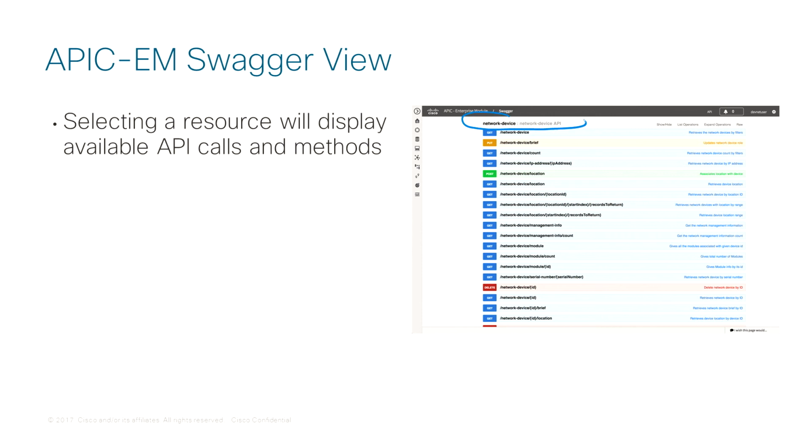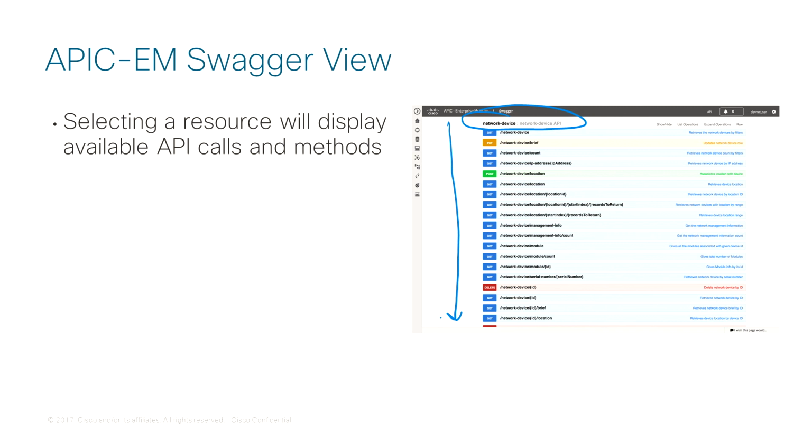So I've selected network device, which comes out of the network device APIs, and now I can see that I've got a whole series of different APIs that are available, ranging from GET requests to retrieve information, to PUT requests to send updates. I can even do DELETE requests to make changes to specific IDs inside of the APIC-EM through the interface that's there.